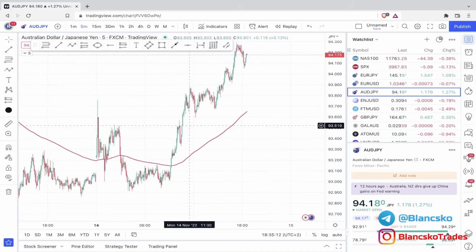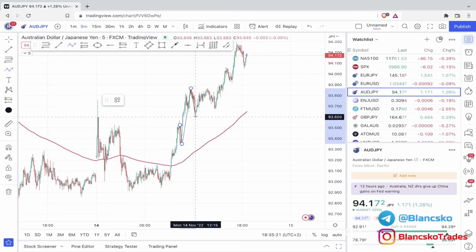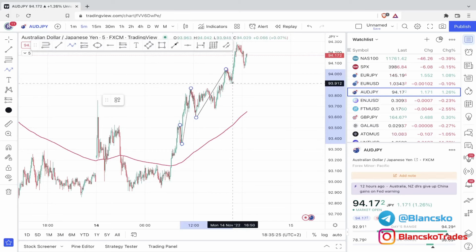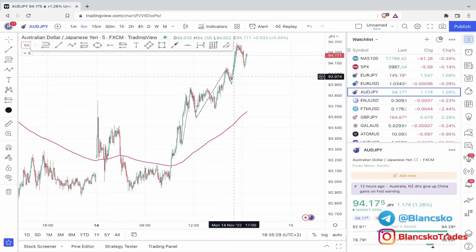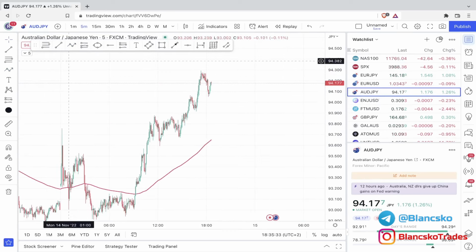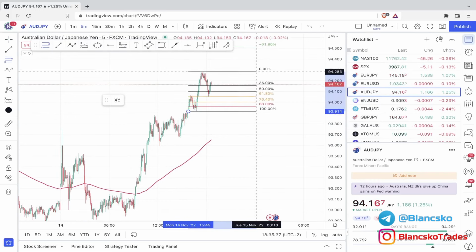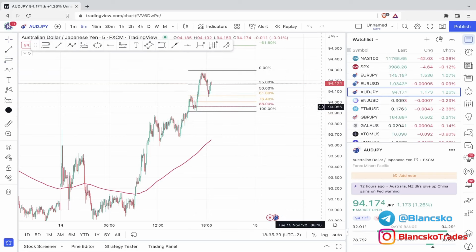So here we can see that we formed a high. Okay, this was a high, then we got a retracement, but this was a higher low. Then we created another high here, another retracement, and a new high right here. And as we can see, from this higher low to this new higher high, we have a decent retracement that's exactly in our golden zone.